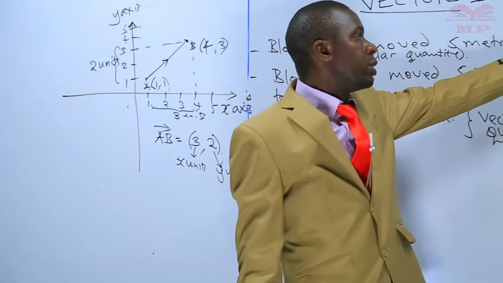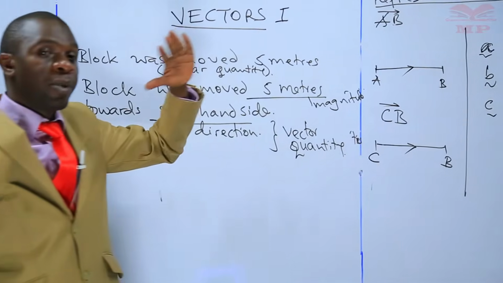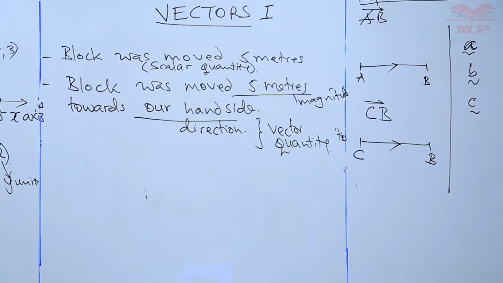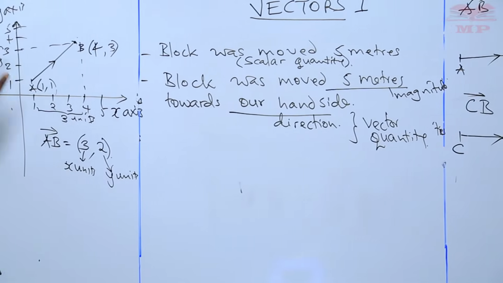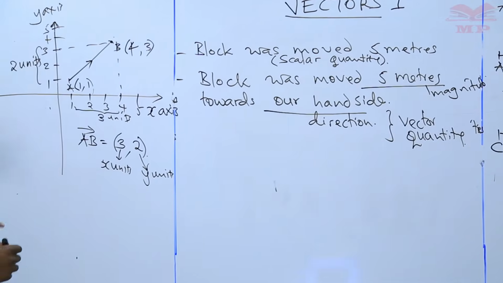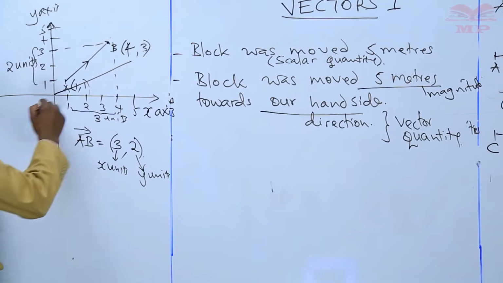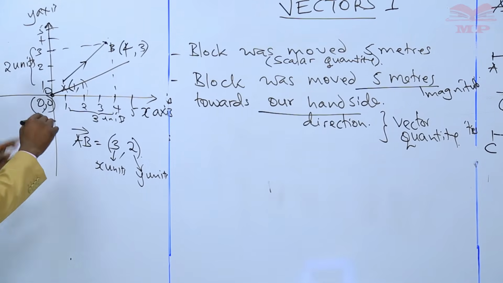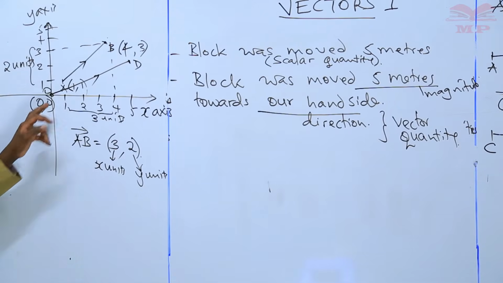I told you that we can use capital letters and show direction when you are presenting vectors, and still you can use small letters and show direction. Now, to use small letters and show direction, for example, in this case, suppose we had another line starting from point (0, 0), which is the origin here. Say this line is represented by OD, that is the direction.